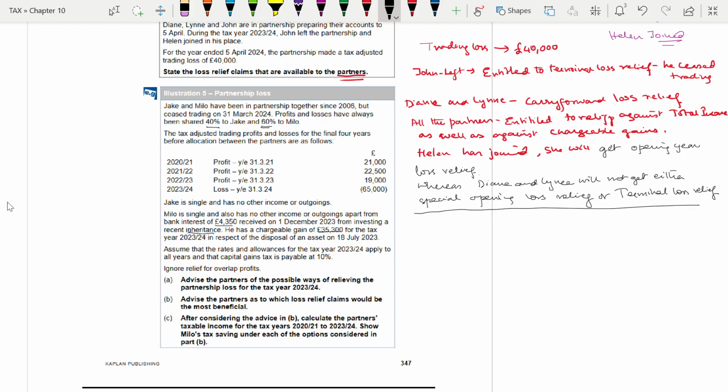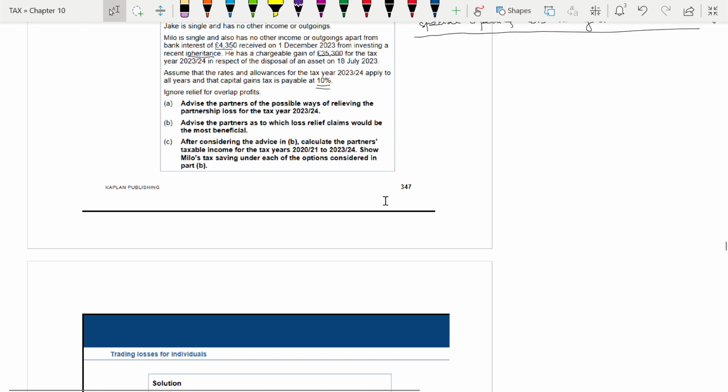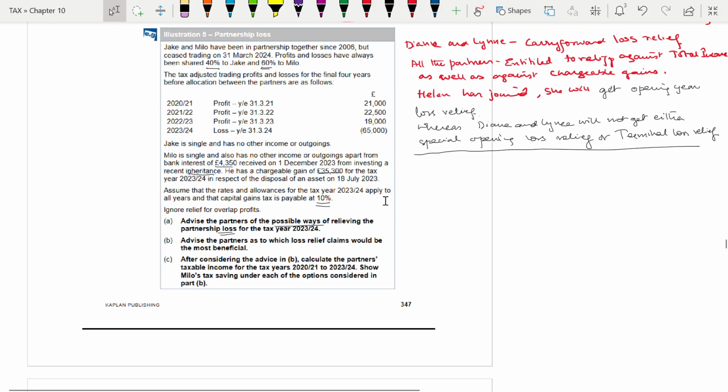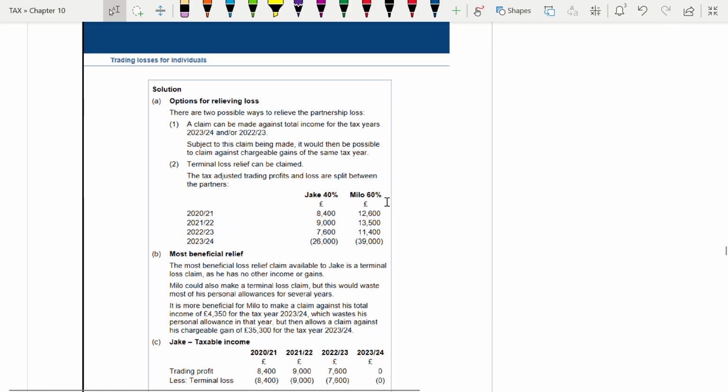Assume rates and allowances are fine. Capital gains tax is 10%. We will cover capital gains tax at a later stage. Advise the partners on possible ways of relieving the partnership loss. The partnership loss is 65,000.